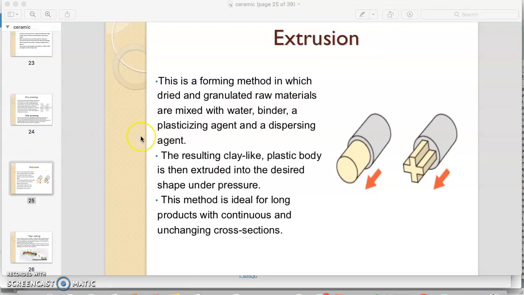In ceramic extrusion, the dry and granulated raw material are mixed with water, binder, plasticizing agent, and a dispersing agent.